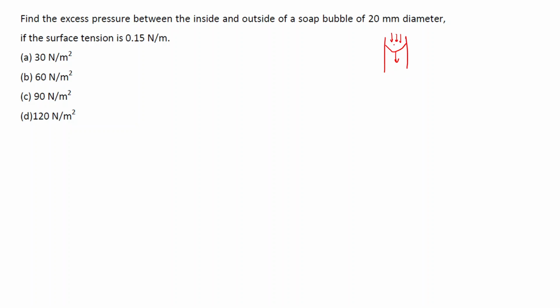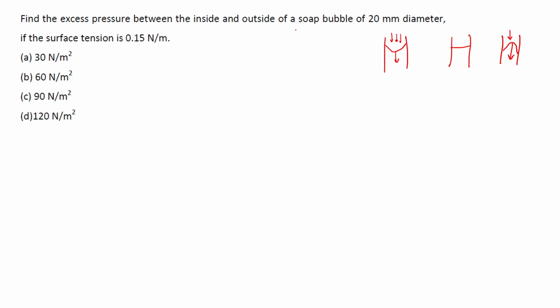So there is a point of excess pressure so that the liquid is balanced.